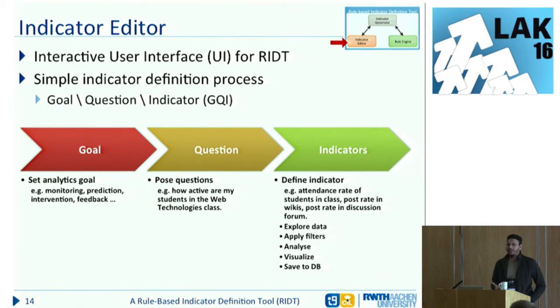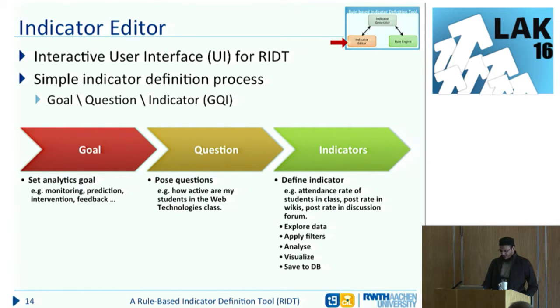Activeness can be defined in different terms, and each person has his own definition of activeness. For example, two or three possible indicators for this can be presence rate of the student in the classroom, post rate in wikis, or post rate in discussion forum. But the idea is that everyone should be able to personalize this and define their own parameters of activeness.